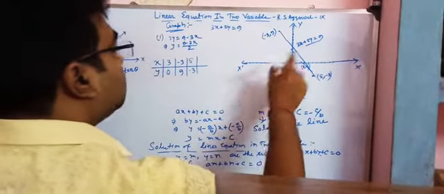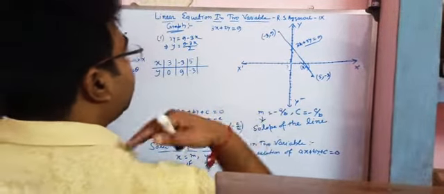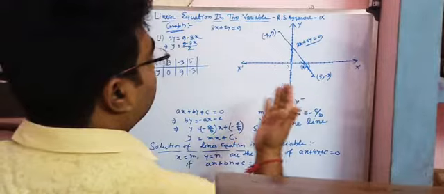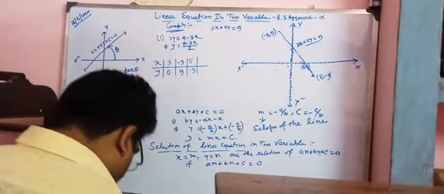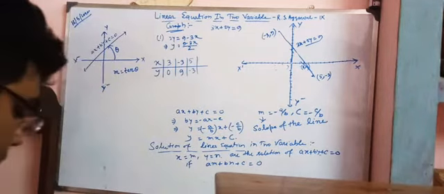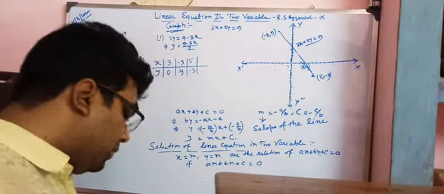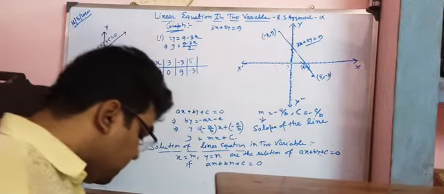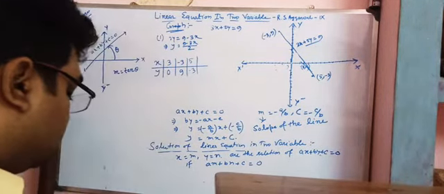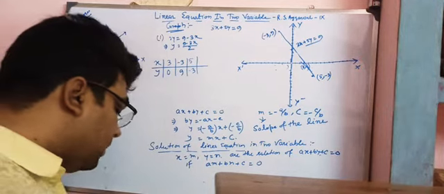Okay, don't do like that. This is a preliminary idea, that's why I have given this picture. Various types of examples are given in your book. You should go through the examples of your book.